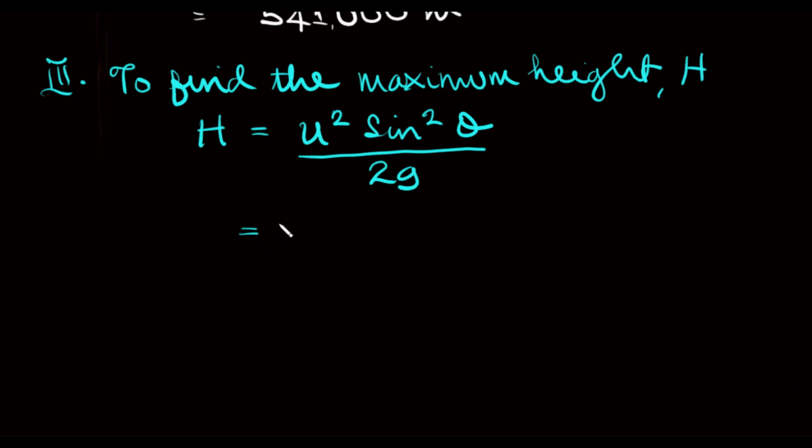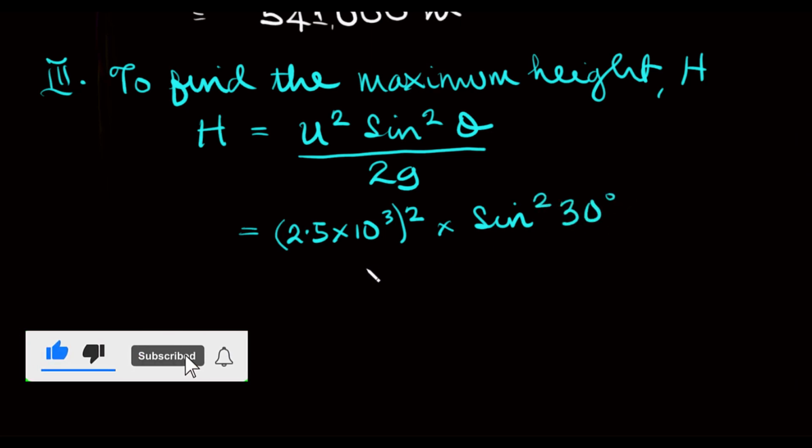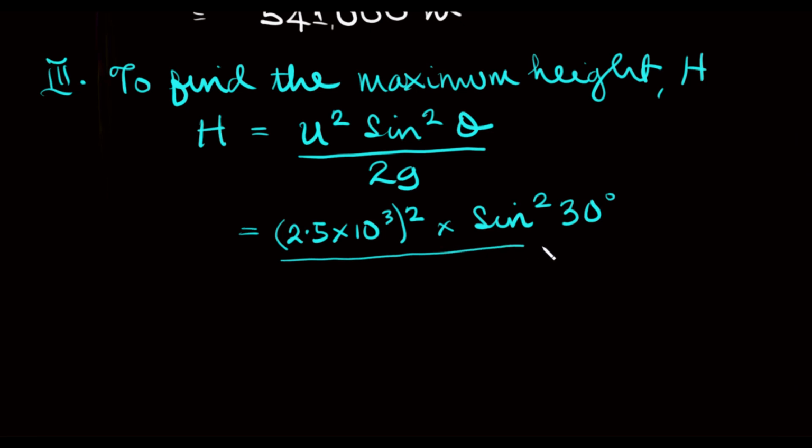Substituting the values, 2.5 times 10 raised to the power 3, all raised to the power 2, times sine squared 30 degrees all over 2 times 10.